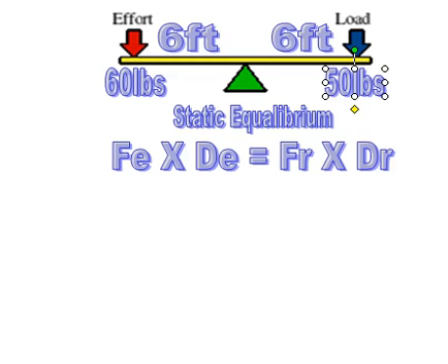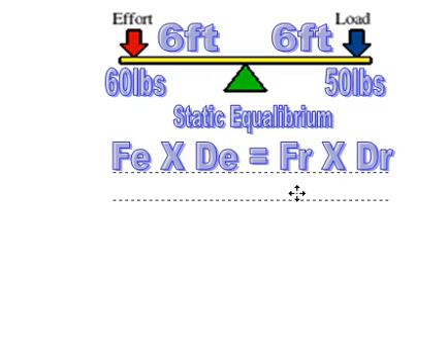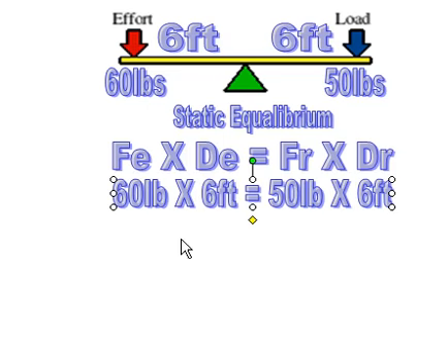So in this case, we have this setup. We have the force of effort on the left side, 60 pounds, and the distance of effort on the left side at 6 feet. But the little girl only weighs 50 pounds, and she is a distance of 6 feet away from the fulcrum.